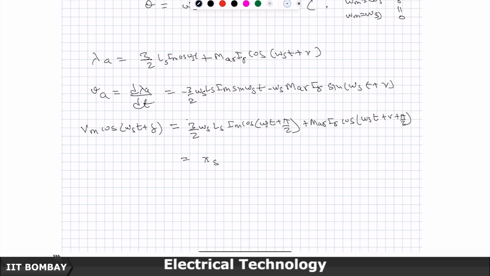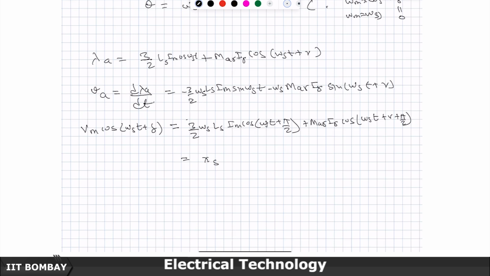If the rotor is cylindrical, two pole 3-phase synchronous machine, that is what we are studying. If the rotor is salient pole and has 4 poles, 6 poles, 8 poles, then the equivalent circuit is a bit more messy, we will not get into that, but the ideas will be similar at the next level.